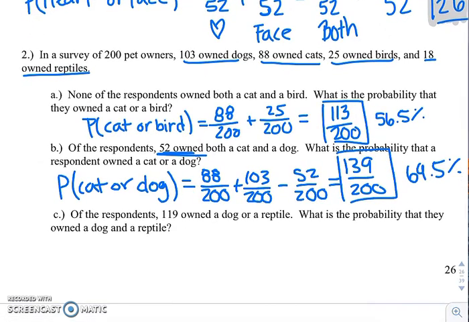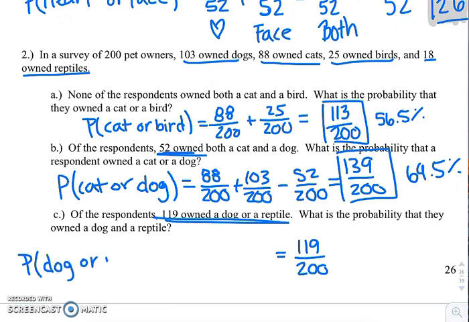So C says of the respondents, 119 did own a cat or a dog or a reptile. So it's saying this probability is 119 out of 200 people that owned a dog or a reptile. So what's the probability that they owned a dog and a reptile?